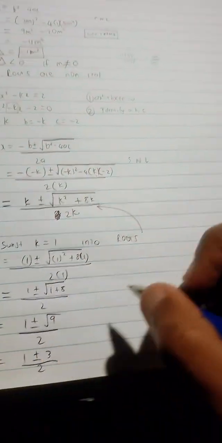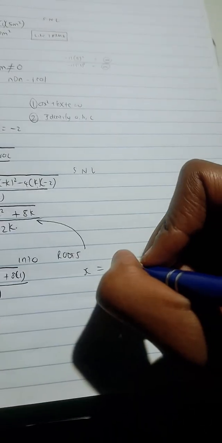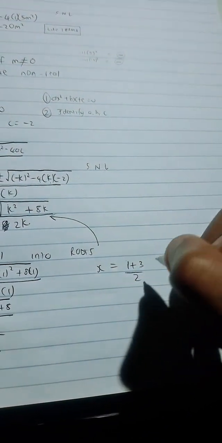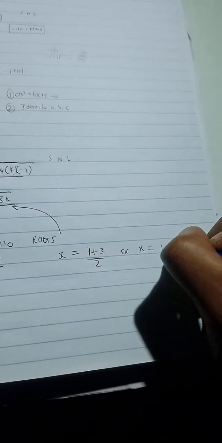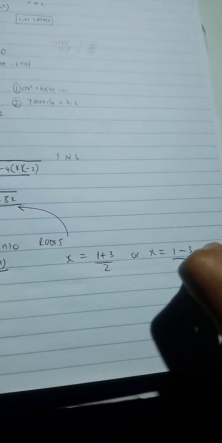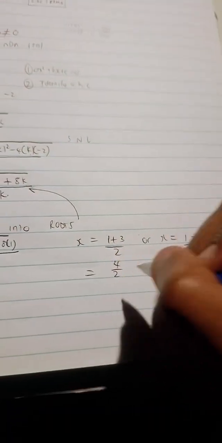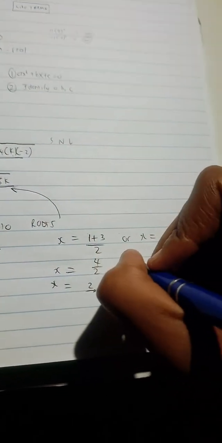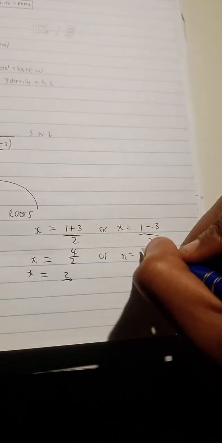The square root of 9 is 3. Now if you want to see the two independent answers, you'll say x is equal to 1 plus 3 over 2, or x is equal to 1 minus 3 over 2. What's 1 plus 3? It's 4. What's 4 divided by 2? It's 2. So x is equal to 2, or x is equal to, what's 1 minus 3?